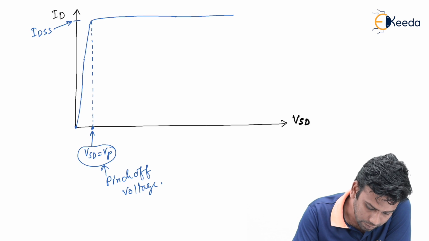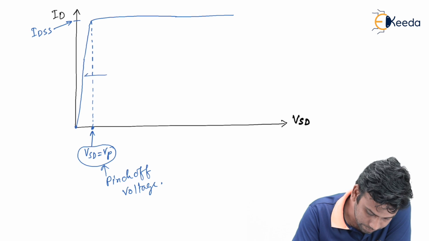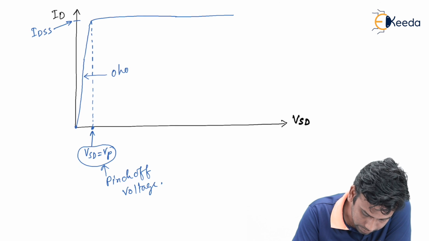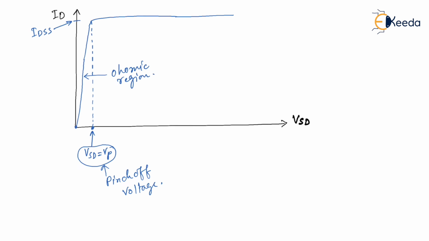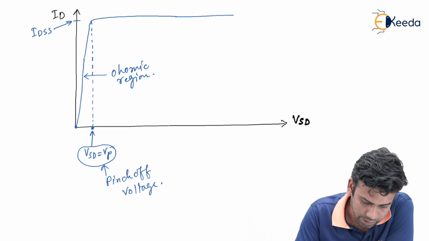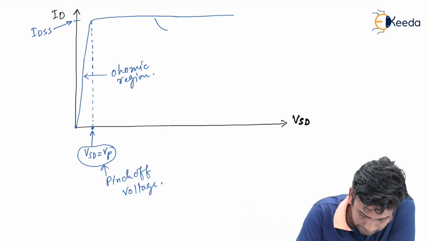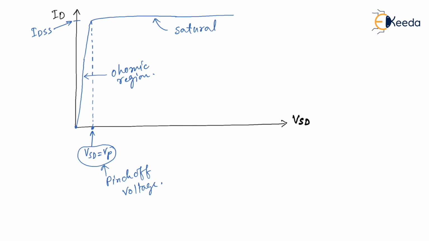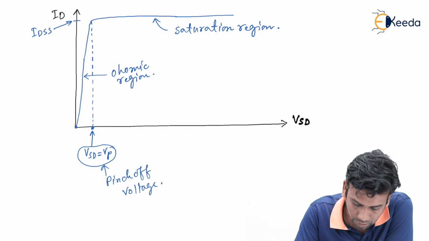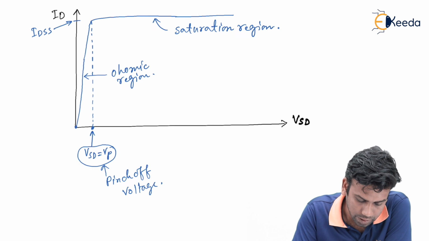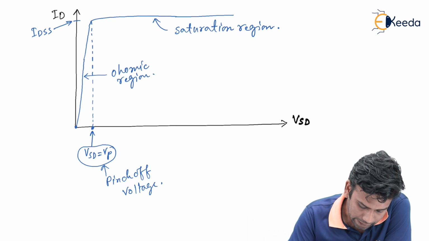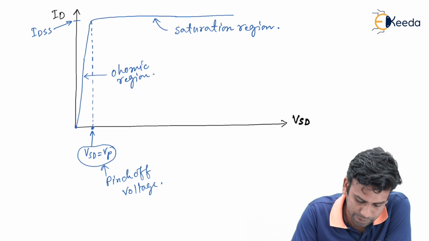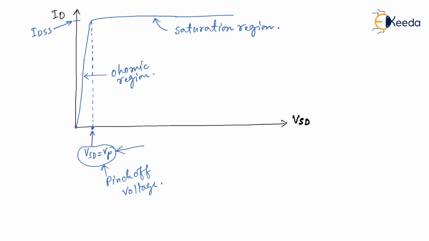This region of linearity is called the ohmic region of the JFET, and this region of saturation is called the saturation region of JFET. So when VSD equals to Vp, this is called the pinch off condition.